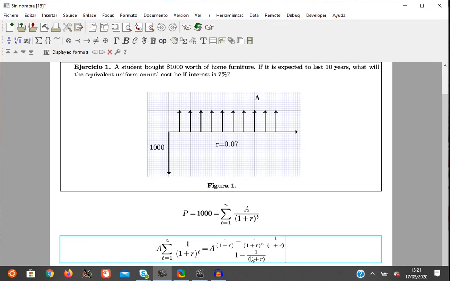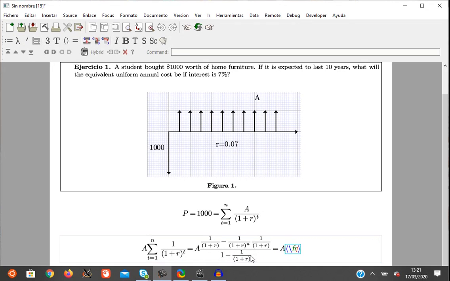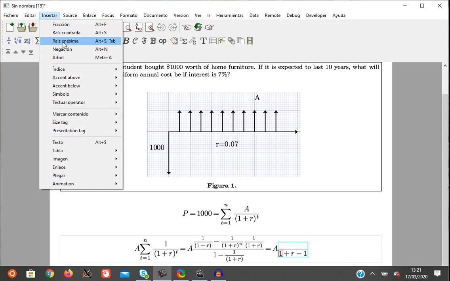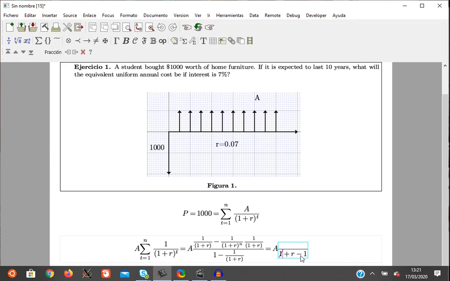Okay, so r is the only remaining term, and we can now take out the 1 plus r in the fraction.